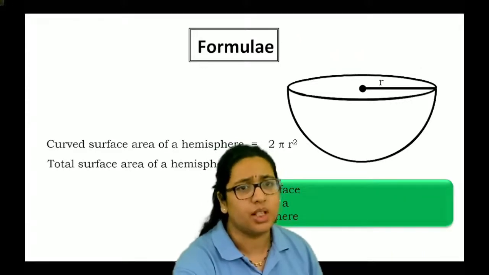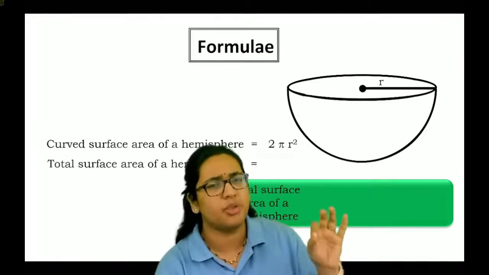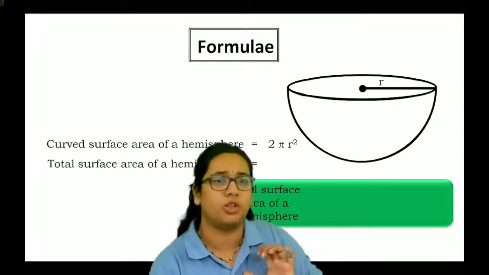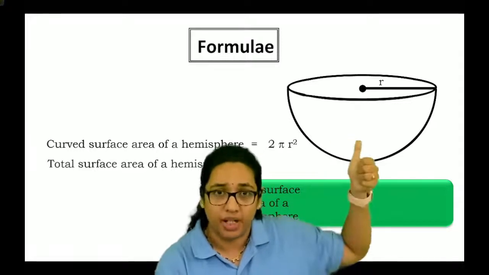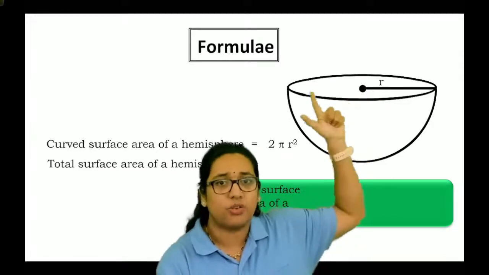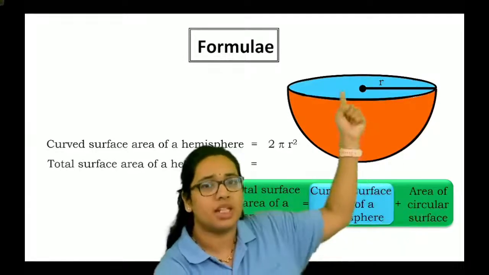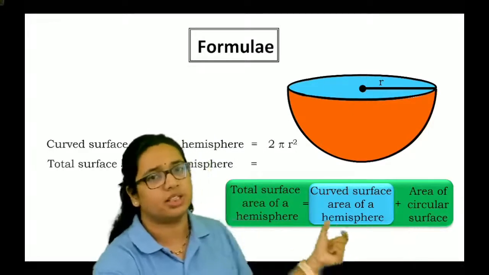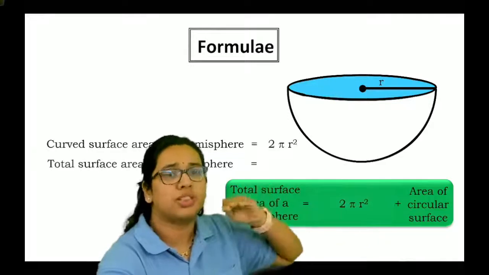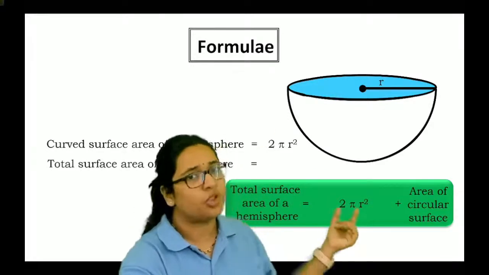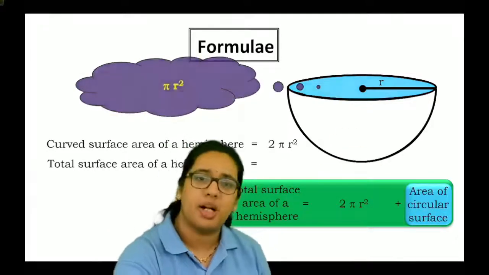Okay. Now, what does total surface area mean? Total surface area is nothing but the area of all the faces you have. So you already have the curved surface area. You just have to add the area of the circular face, that is, the curved surface area plus the area of the circular surface. The curved surface area we just found out is half of the surface area of the whole sphere, which gives 2 pi r square. And we know that the area of the circular surface is pi r square.